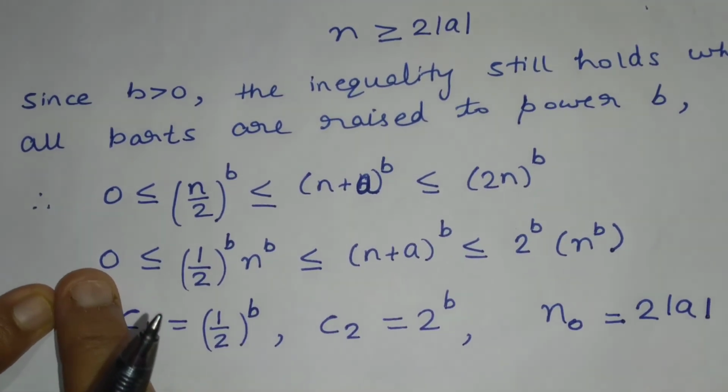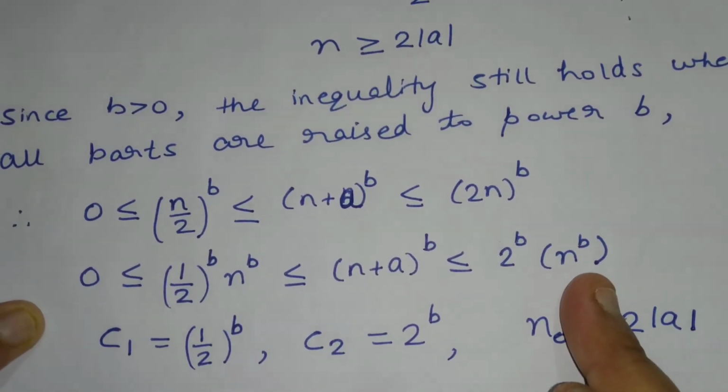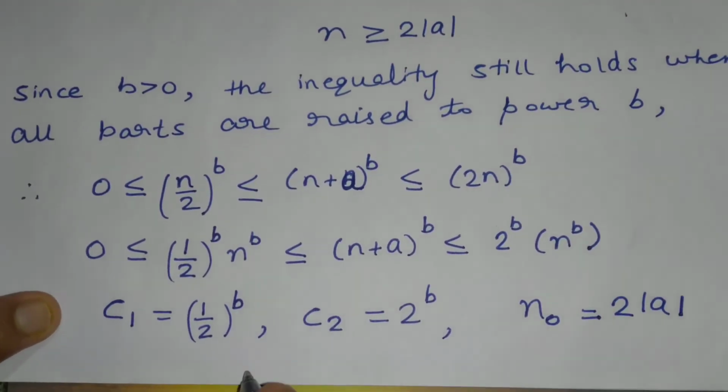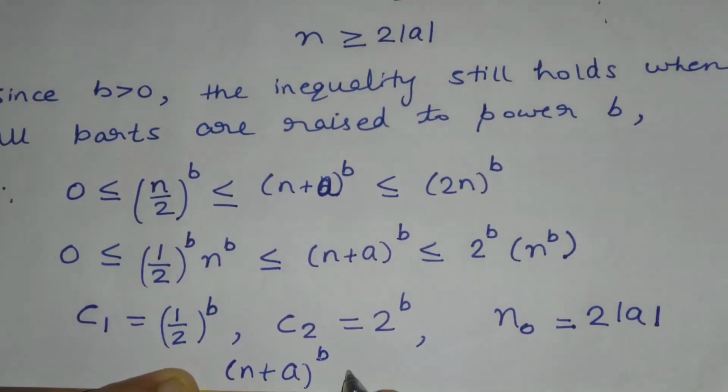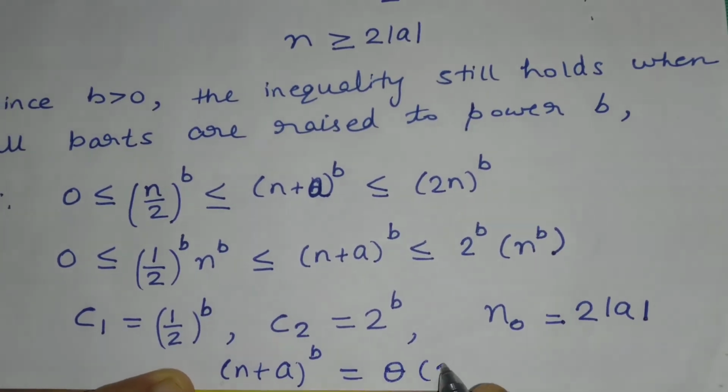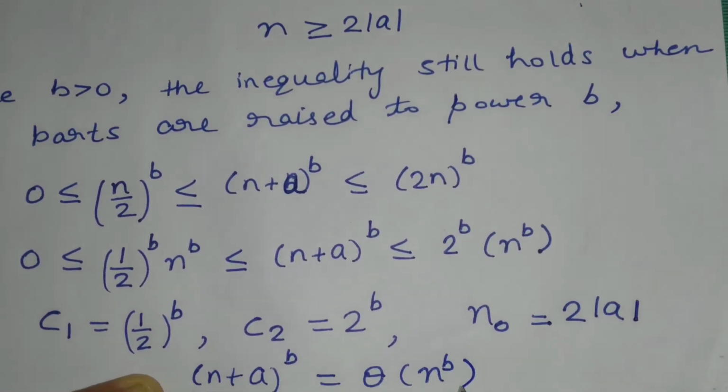So after deriving this, we have proved that (n + a)^b is Θ(n^b).